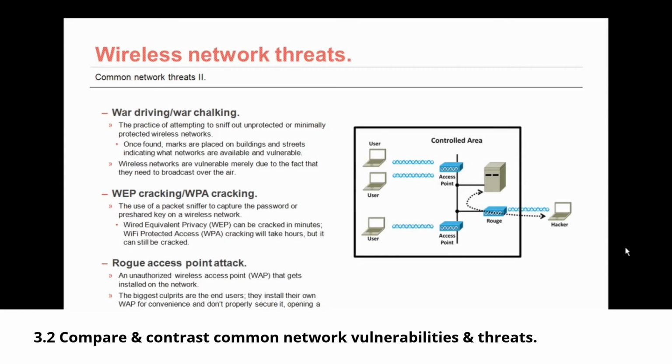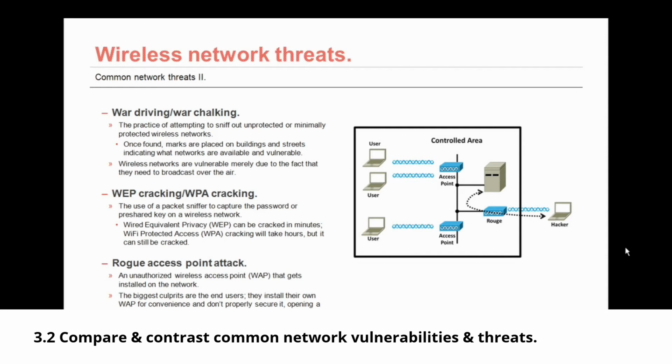Then there's war driving or war chalking. This is the practice of attempting to sniff out unprotected or minimally protected wireless networks. Once it's found, marks are placed on buildings and streets indicating that networks are available and vulnerable. Something to remember is that wireless networks are vulnerable merely due to the fact that they need to broadcast over the air.